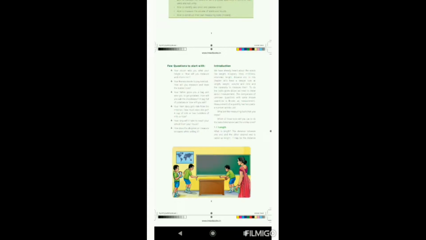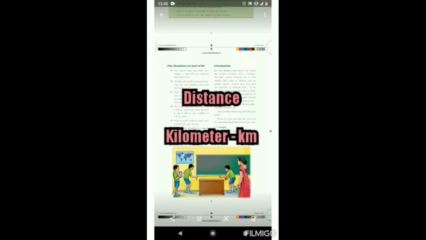If you want to measure still longer length, it is said to be distance. So the smallest length, then comes the larger length, which is said to be height, and still longer length is said to be distance, and it is measured in kilometers, km. Example, the distance from school to home, or the distance between two cities or two villages.